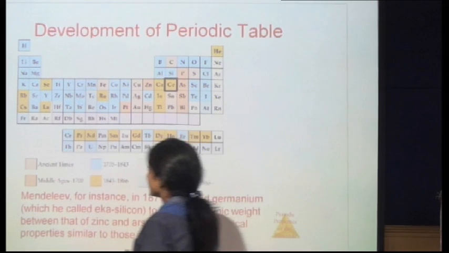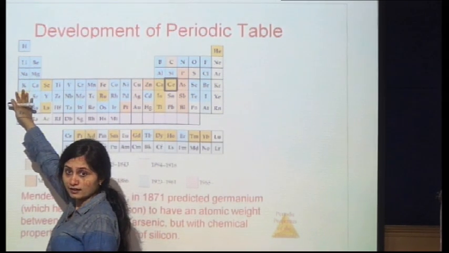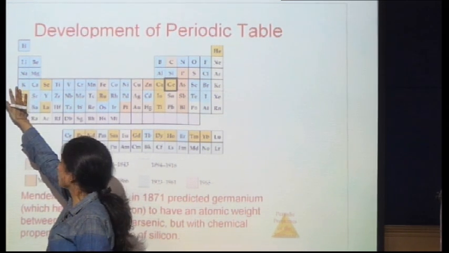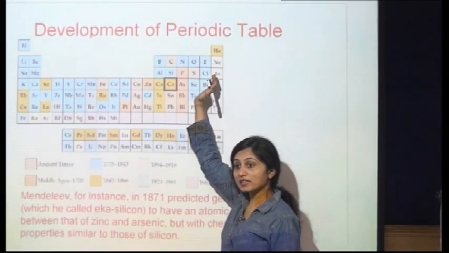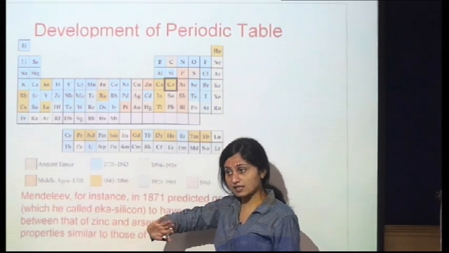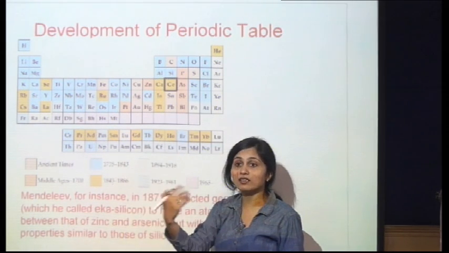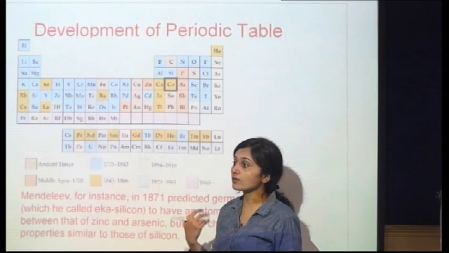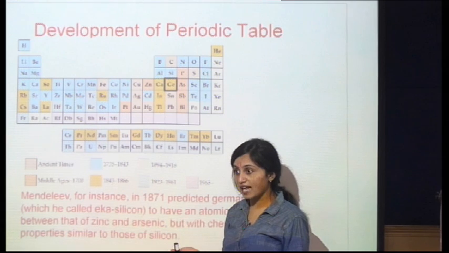Now generally, when you talk about the S block, they are generally metals. As we move from left to right, the metallic character decreases, because the tendency to take up electrons will be more. The ones which give away electrons are electropositive in nature and they are metallic in nature.